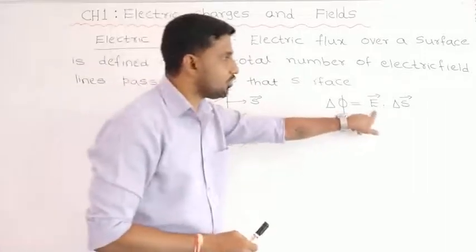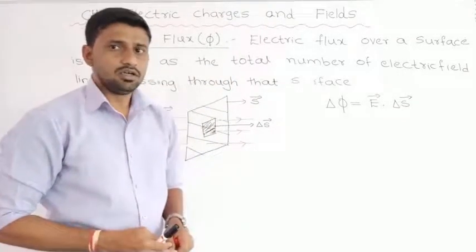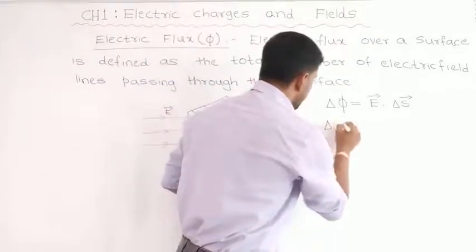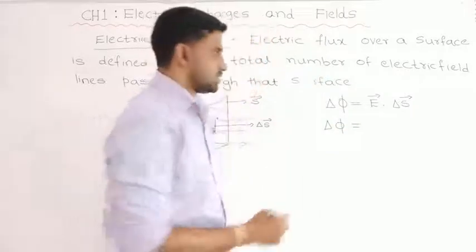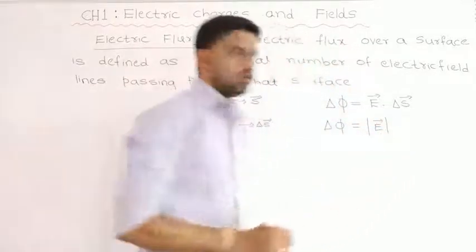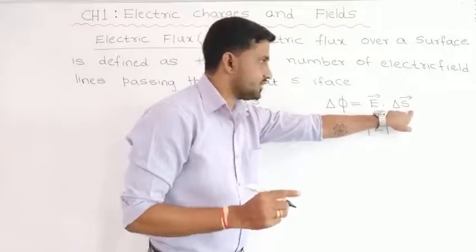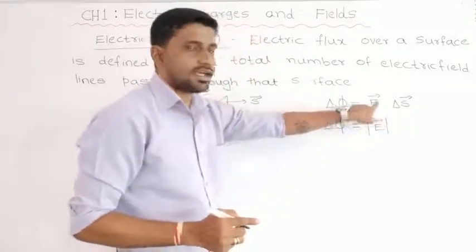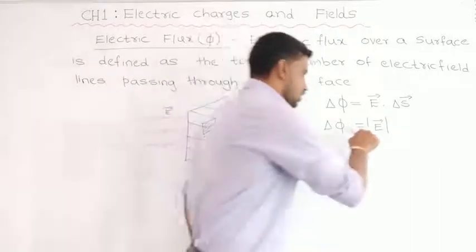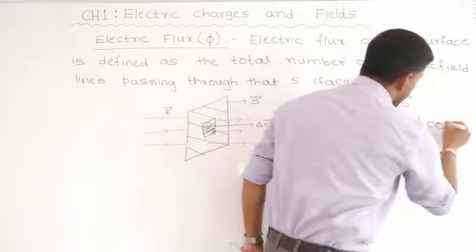Here we are using the dot product of two vectors. Now how to find the dot product of two vectors? We know from class 11th that the dot product of two vectors is the product of the magnitudes of the two vectors and the cos of the angle between them.